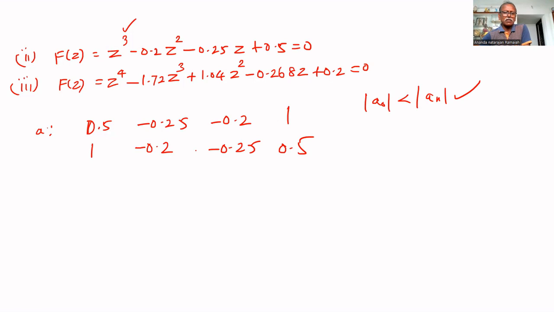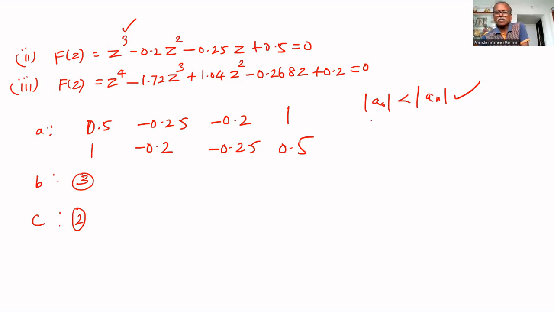We have to find B naught and check that B naught must be greater than modulus of Bn minus 1. How many rows will it give? The next row will have 3 elements, so B, then C with 3 elements. Therefore, it will come up to C.